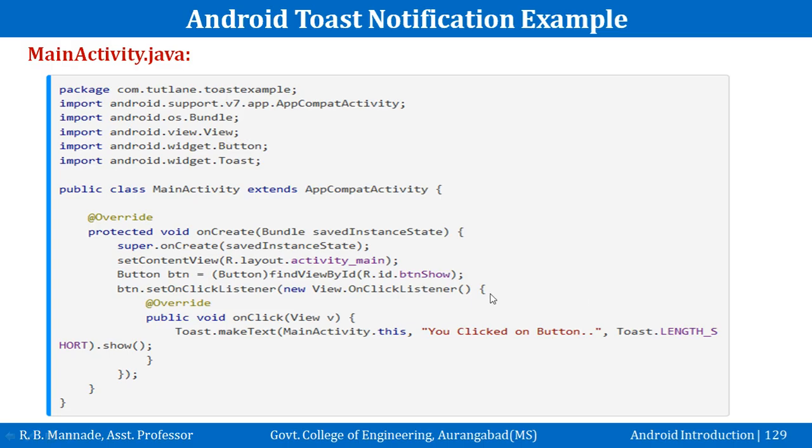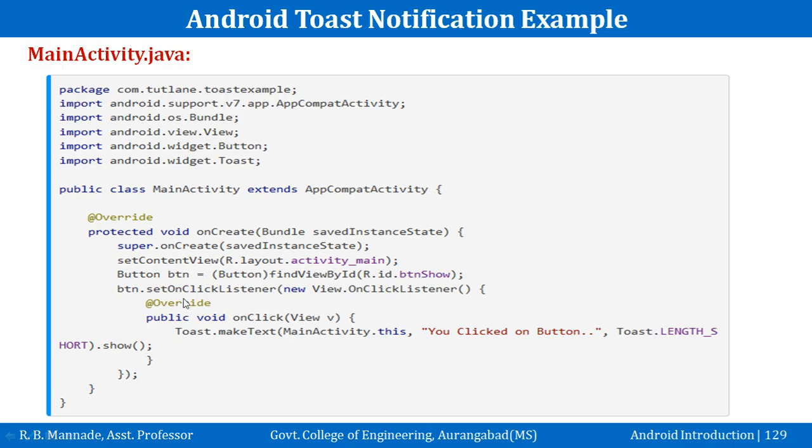So we are mapping that definition of that button control using findViewById, and we are passing the ID of that particular control. This particular statement will map whatever definition we have created in our layout file for a button control to this particular button object.